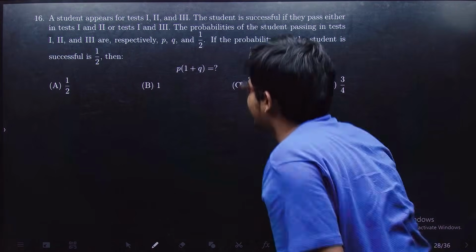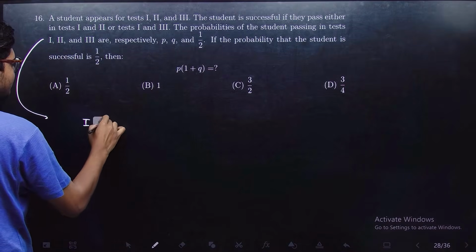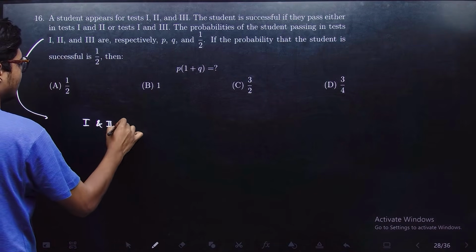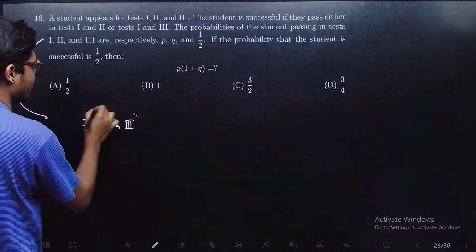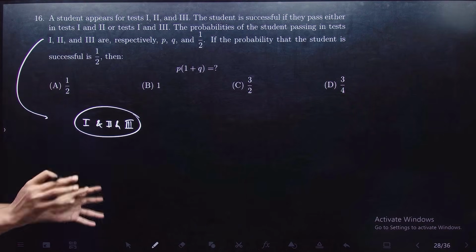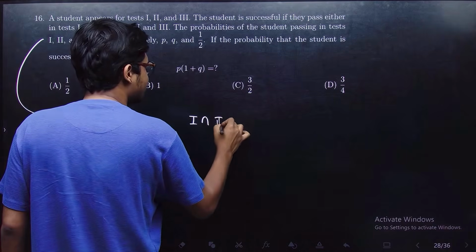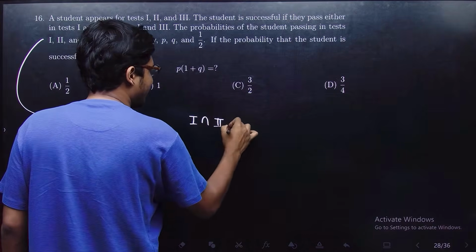See, one case is if the student passes all the 3 exams. That's simple, right? So 1 and 2 and 3, that's the best case scenario, right? The student passes all the 3 exams. If not, if the student is failing one subject, then for the student to be successful, what are the other 2 cases? So it's either 1 and 2. So he's not passing all the 3, right? Which means he's failing in 3, right?